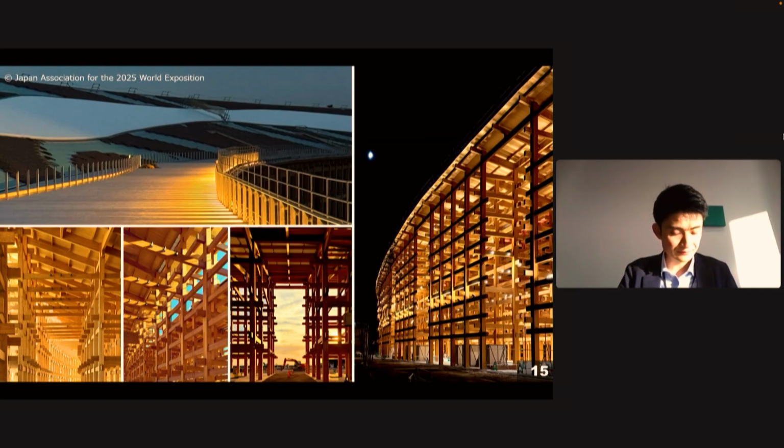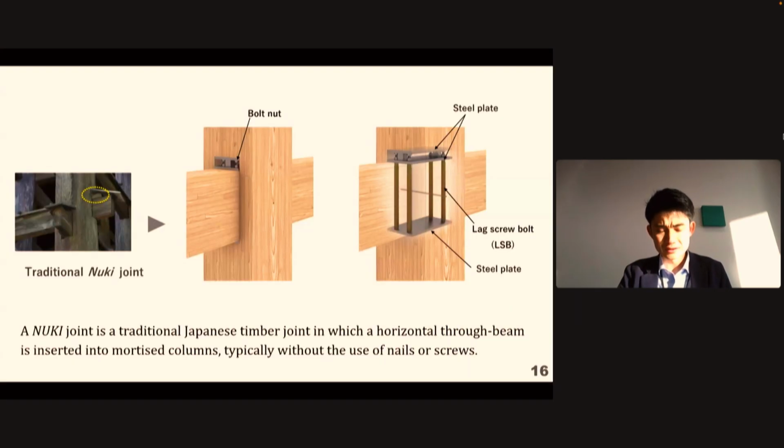At this scale, existing methods are not enough. We need engineering and production planning. And remember again Kiyomizu Temple and nuki joint. A nuki joint is a traditional Japanese timber joint in which a horizontal through beam is inserted into a column, typically without the use of nails and screws.